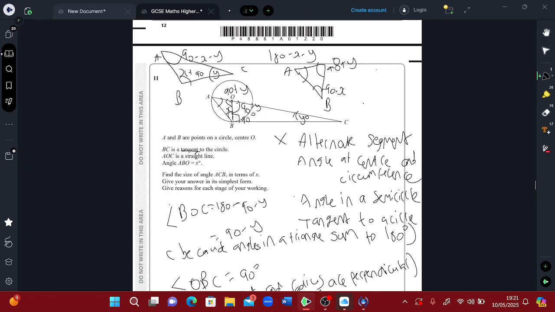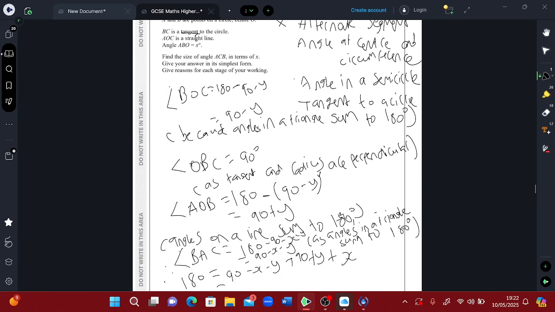So let's draw this again. No, draw this bit, sorry. How do I want to draw this? Draw it here. So we know that this is 90 minus x, and this is the centre, right? No, that's the centre. And the angle it makes here is 90. And this angle should be half of that, so it should be 45 minus half y.